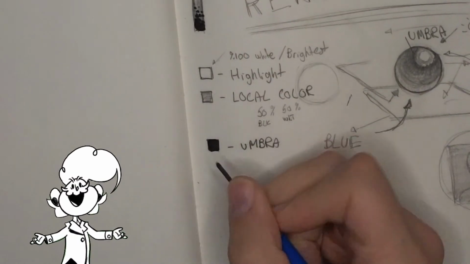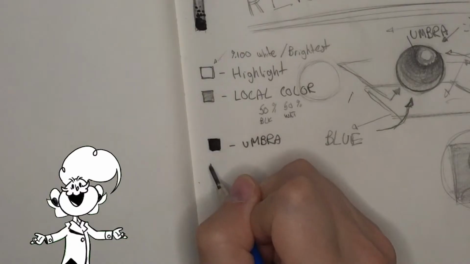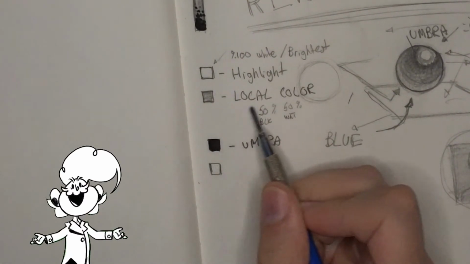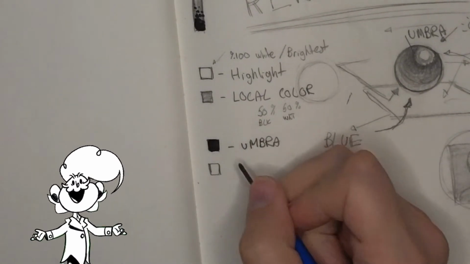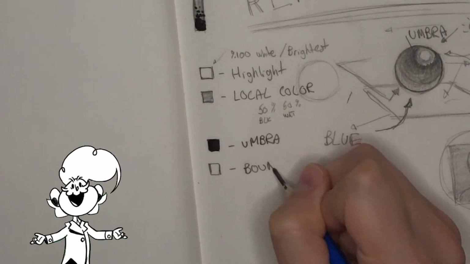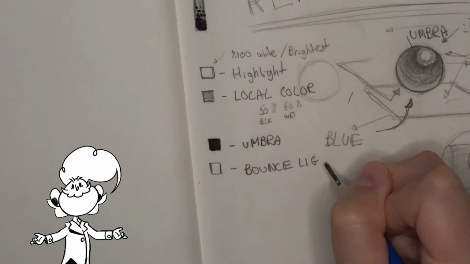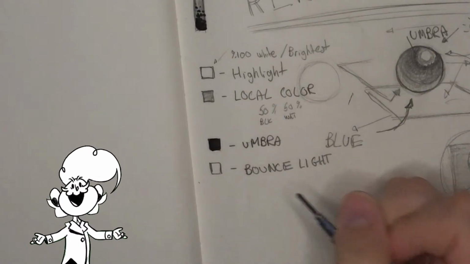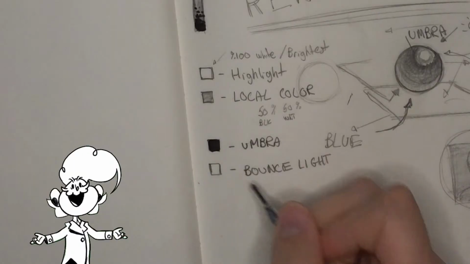So anyways, the umbra is going to be your darkest area. Then there's your bounce light, which is still darker than your local color, but still pretty similar. That's going to be like 70, I don't know.